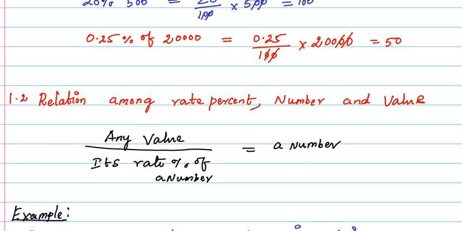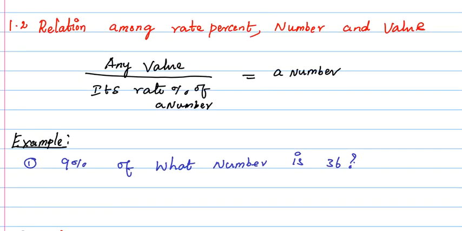Next formula is the relation among rate percent, number and value. Here I have used this formula: any value divided by its rate percentage of a number is equal to the number. By using the above formula, I have calculated the value for this question. 9 percentage of what number is 36?